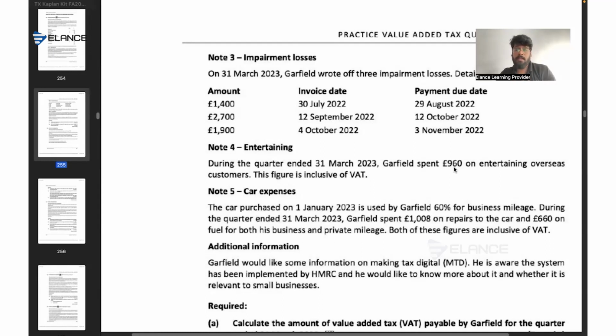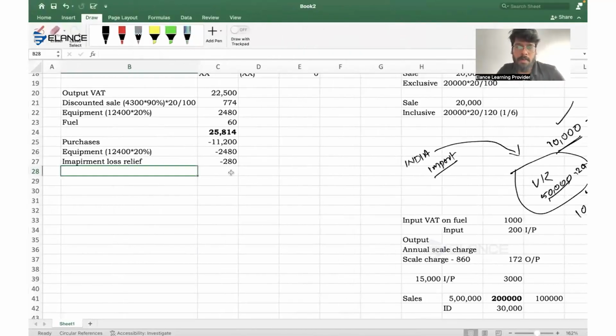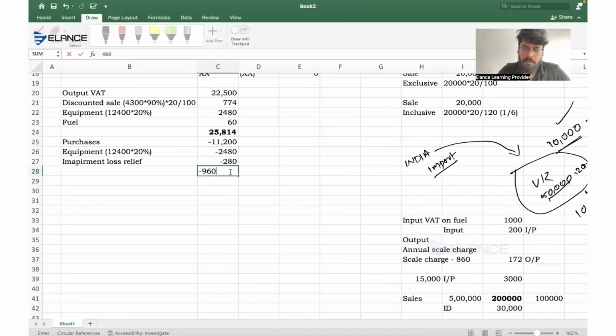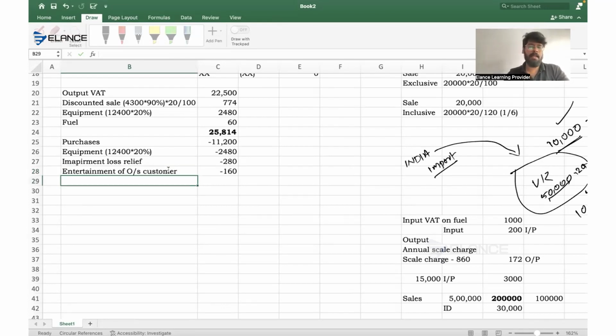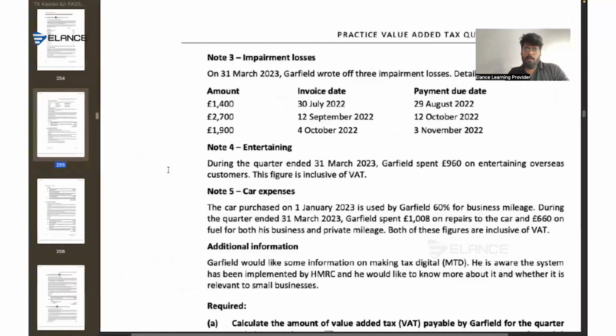This 960 is inclusive of VAT, so we can deduct 960 into 1 by 6, otherwise 20 by 120. That is the VAT amount for entertainment of overseas customers, and we can deduct that.